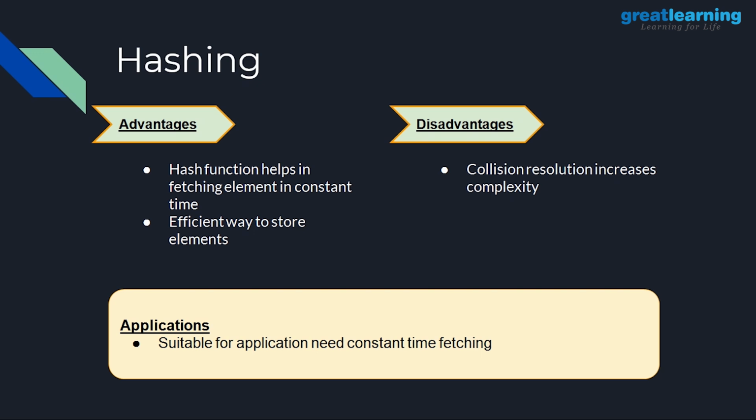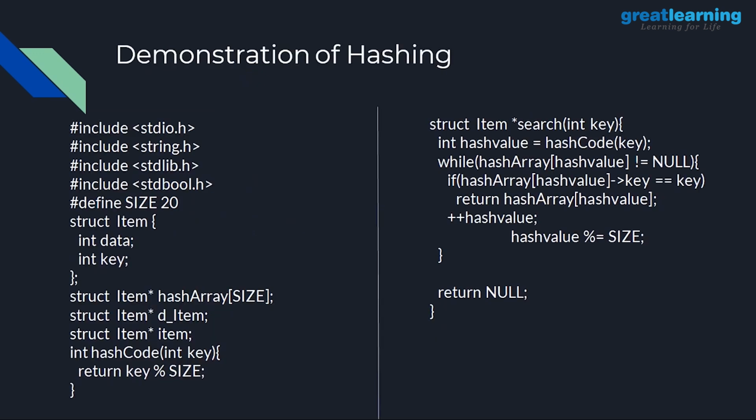Okay, now let's try to implement this hash table. Now with the help of hash function we are trying to implement our hash table. So we define an item, right? We are defining an item here, structure item. Whenever we talk about hash tables, we have to keep in mind that we have one key and we have data. So with the help of that key we will fetch our data.